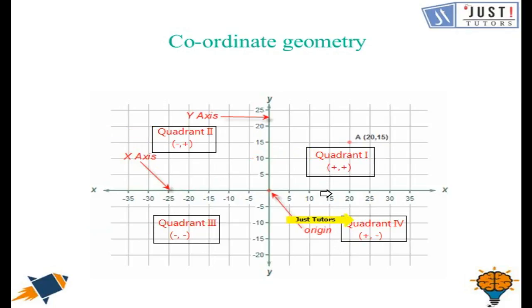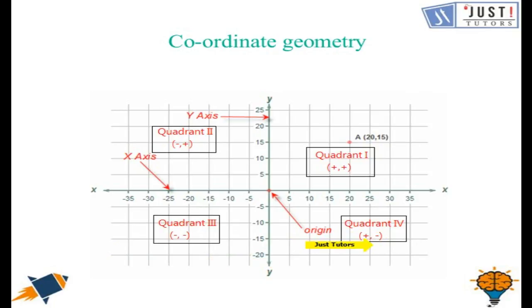In quadrant 1, the values for the x-axis and y-axis are both positive. In quadrant 2, x is negative and y is positive. In quadrant 3, x and y are both negative. At last, in quadrant 4, x is positive and y is negative.